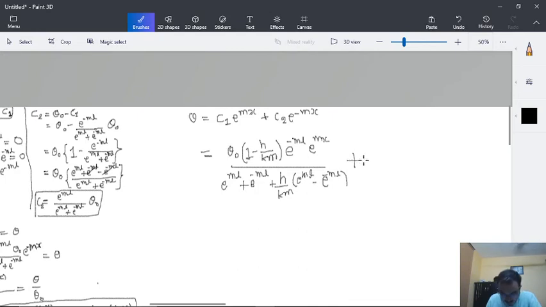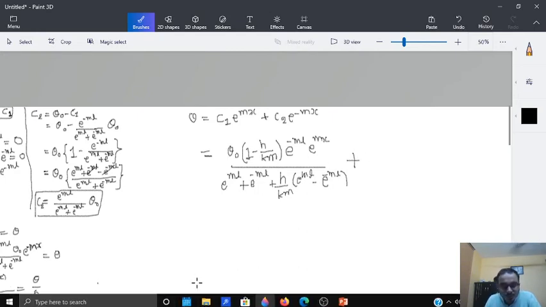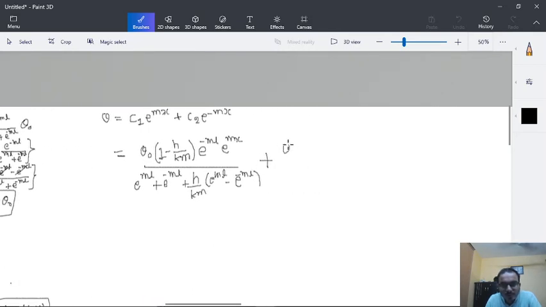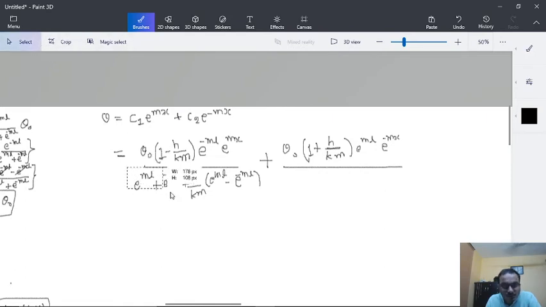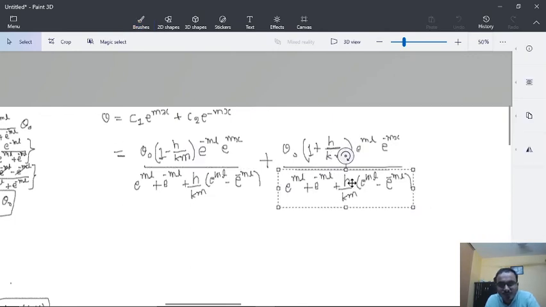Plus the value of C2, which is theta 0 into 1 plus h by km into e raised to ml into e raised to minus mx, divided by the same denominator. The same denominator will be present over here.